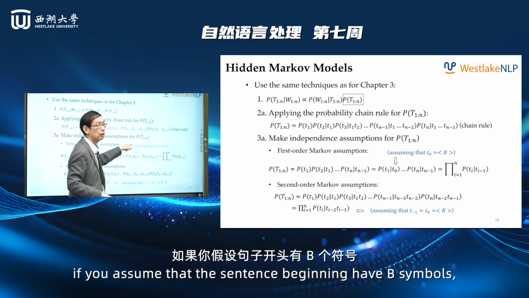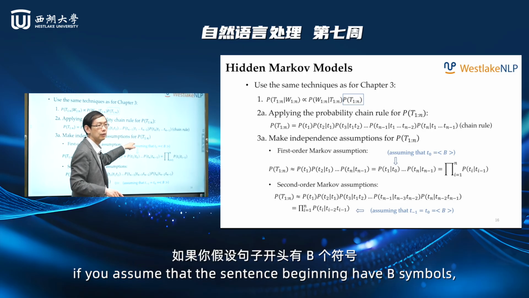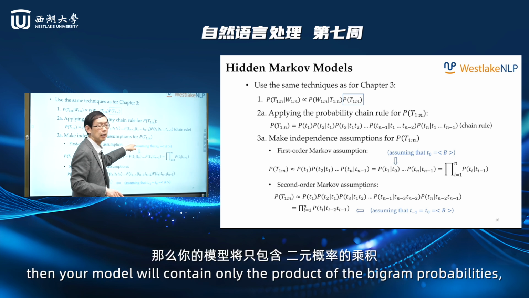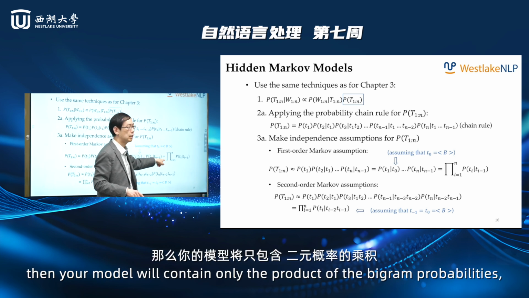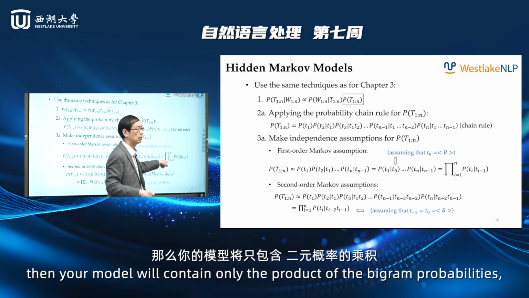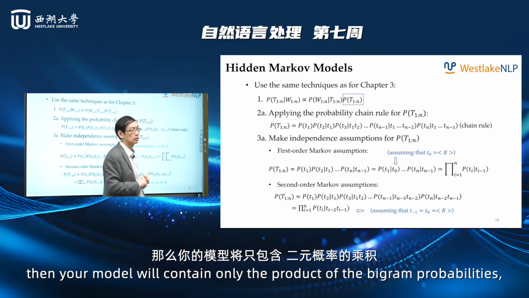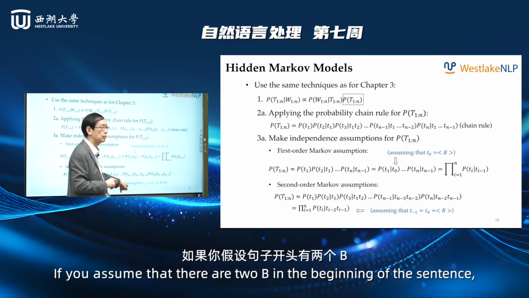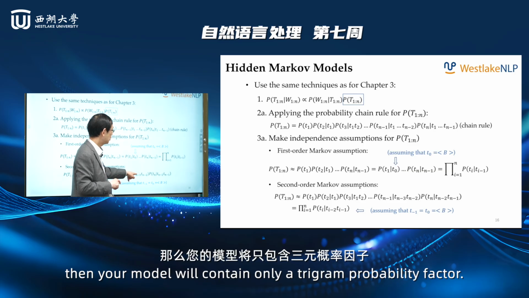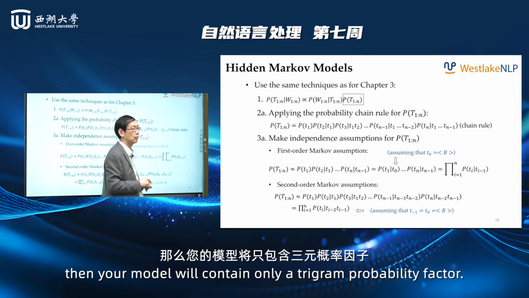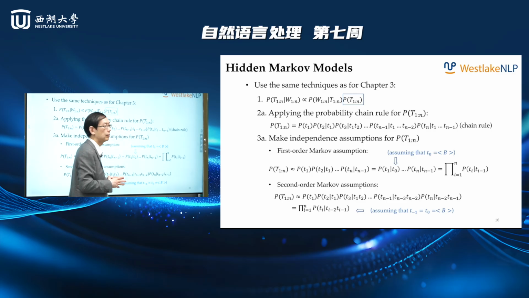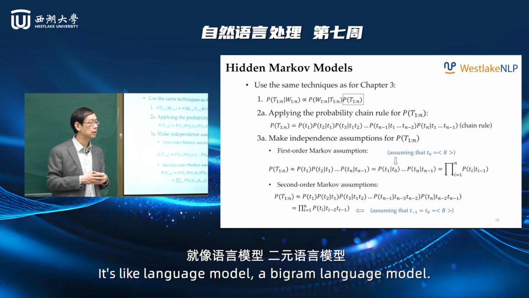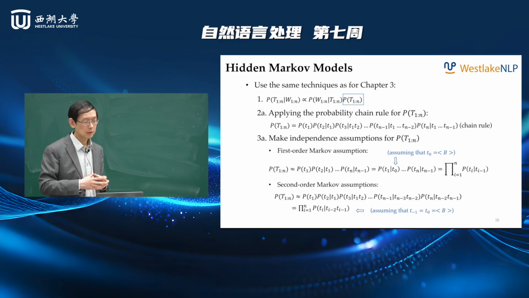If you assume that the sentence beginning has a B symbol, then your model will contain only the product of tag bigram probabilities, right? So that's a first order model. If you assume that there are two B's at the beginning of the sentence, then your model will contain only trigram probability factors. So it's like a trigram language model, bigram language model. So this part is easy.